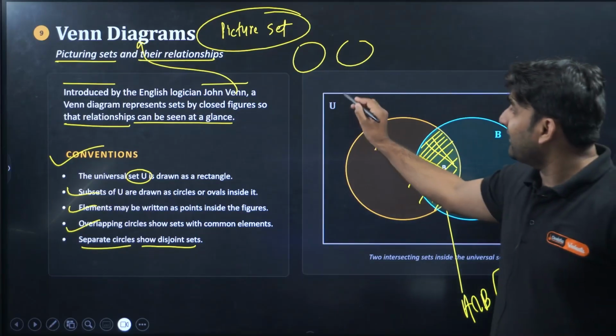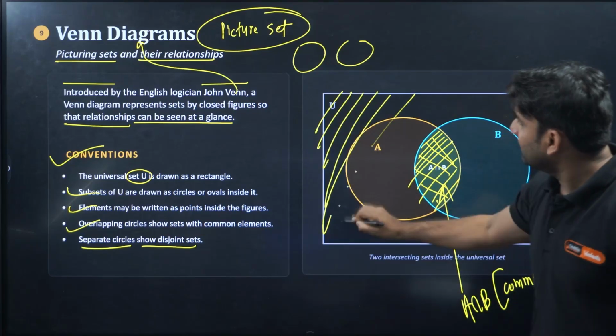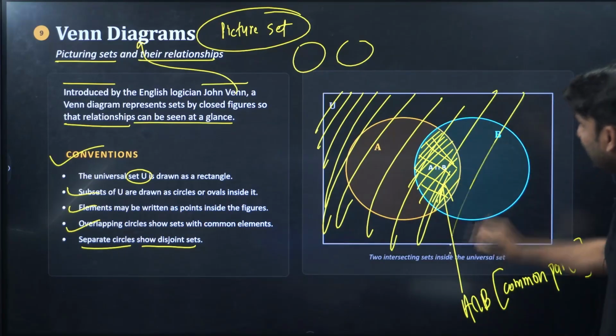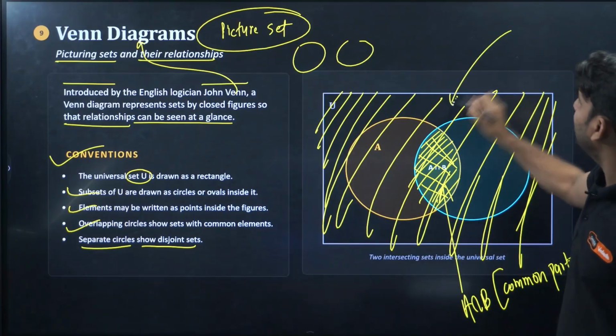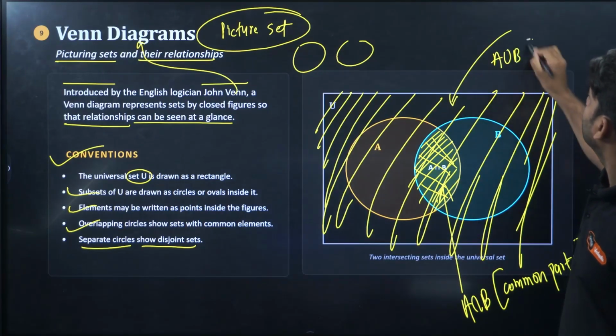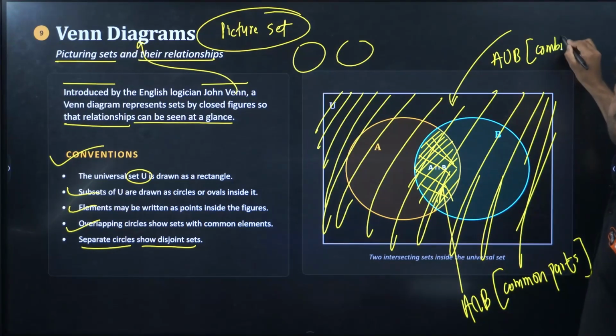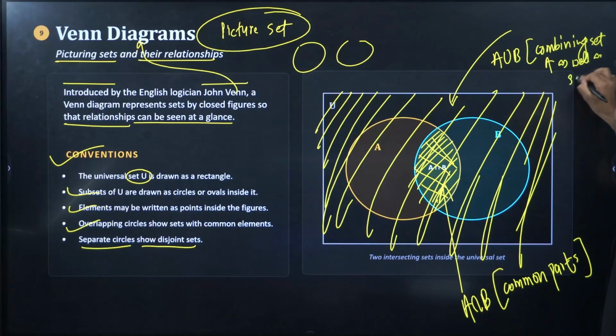And this entire rectangle, can you see? Combining A and B, this entire figure is called A union B, combining set A as well as set B, right?